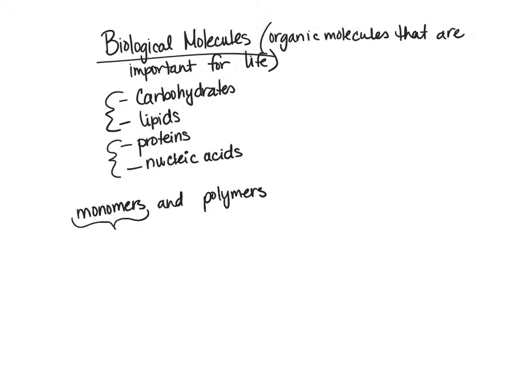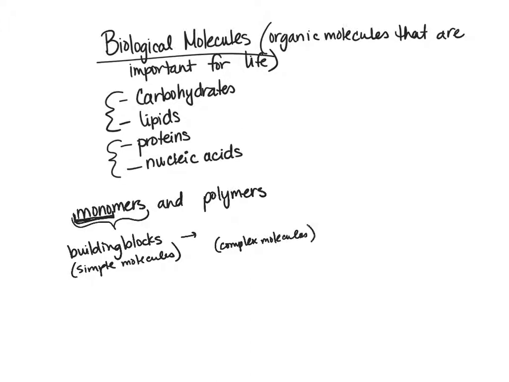Now, monomers, the root of this word is mono, meaning one. So our monomers are going to be our building blocks for these different molecules. So the carbohydrates have monomers, and these are going to be the building blocks or the simple molecules that we will be building into our complex molecules, which are our polymers.